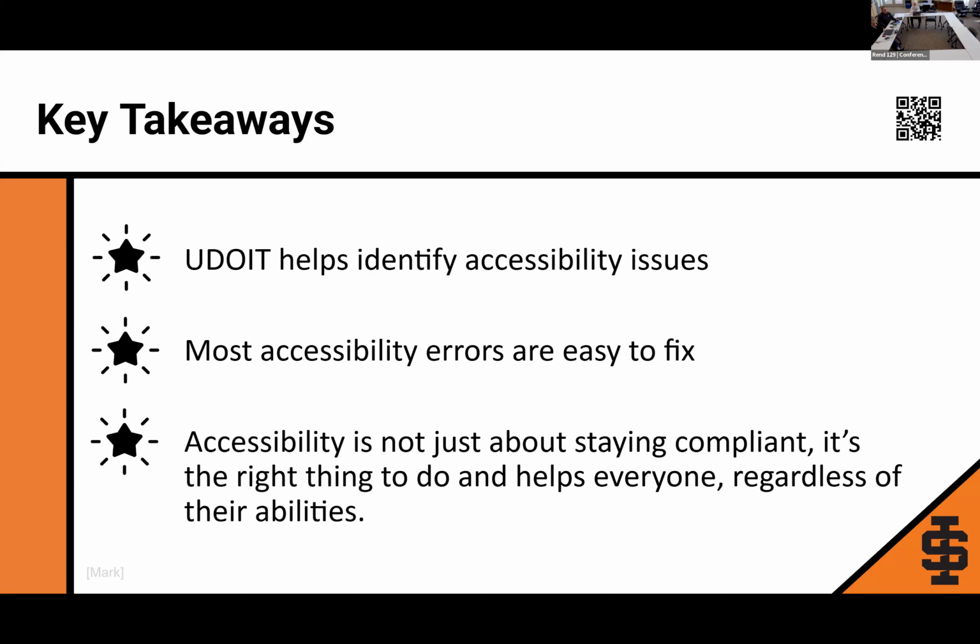And some of those issues might require, like with the Word documents, some additional time, which is also good time to put in so that all your students can benefit from it. And again, I'm not going to get on my soapbox, but it's not about staying compliant. It's about doing the right thing to help your students.